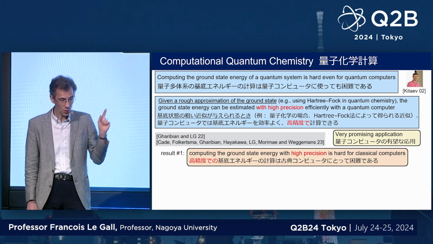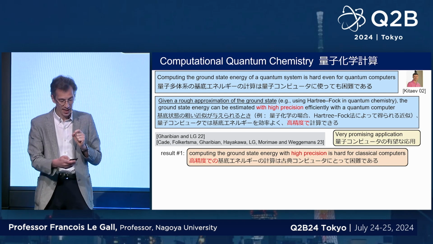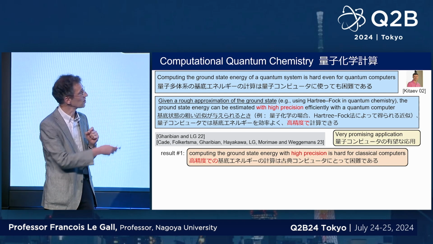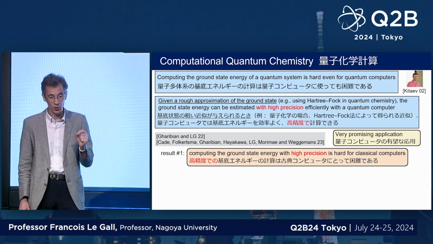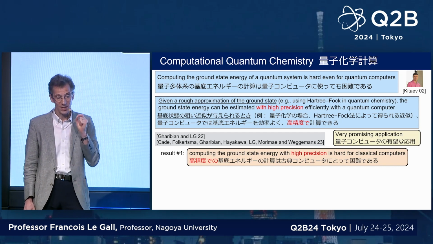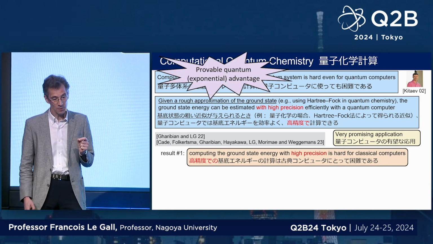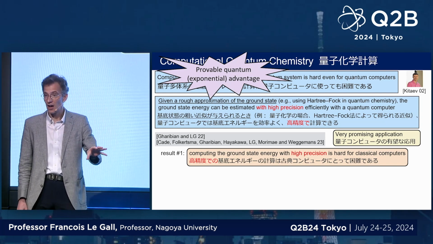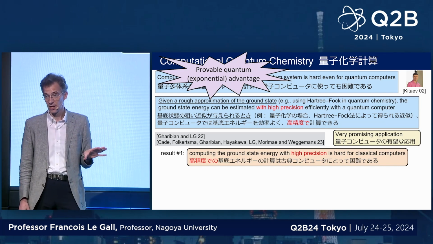What I've done with a few collaborators is to prove mathematically that this task, solved efficiently by a quantum computer, is actually hard for classical computers. We have shown that computing the ground energy with high precision is hard for classical computers. So this really shows that for this fundamental problem, you have a provable quantum advantage, which is actually exponential.